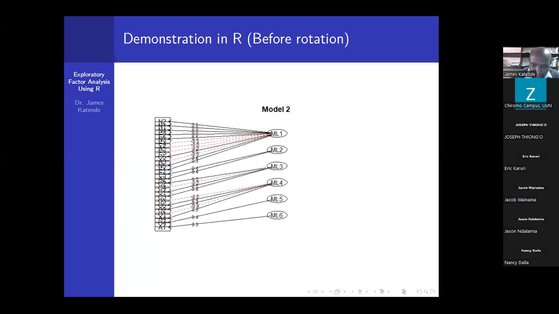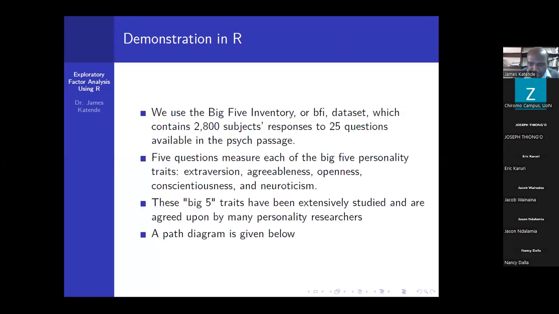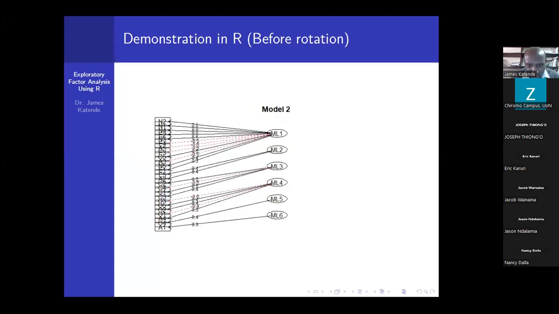So each of them had 5 questions. Like you can see A1, A1 goes up to A5. So this is the first extraction without any rotation. And you can see it doesn't group the variables very well. What we expect to be under agreeableness is mixed up. Some are related to this first factor, others are related to the last factor.